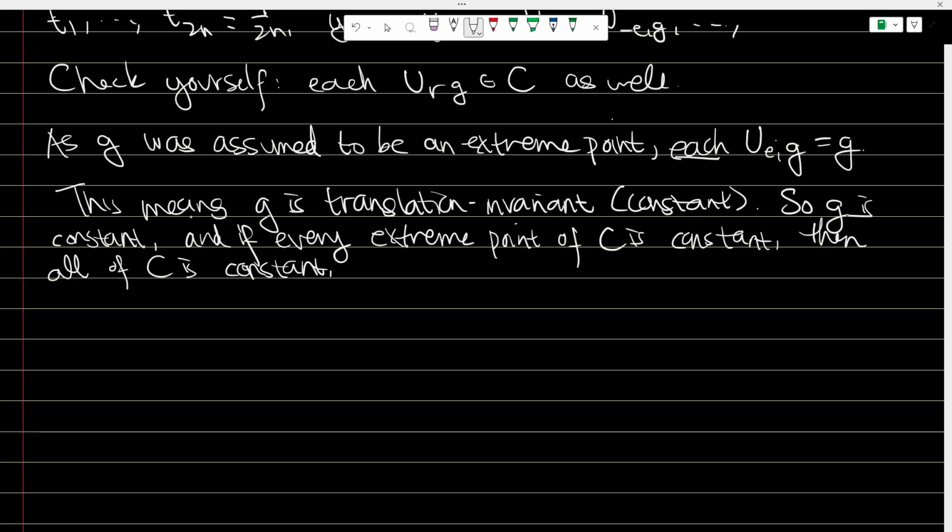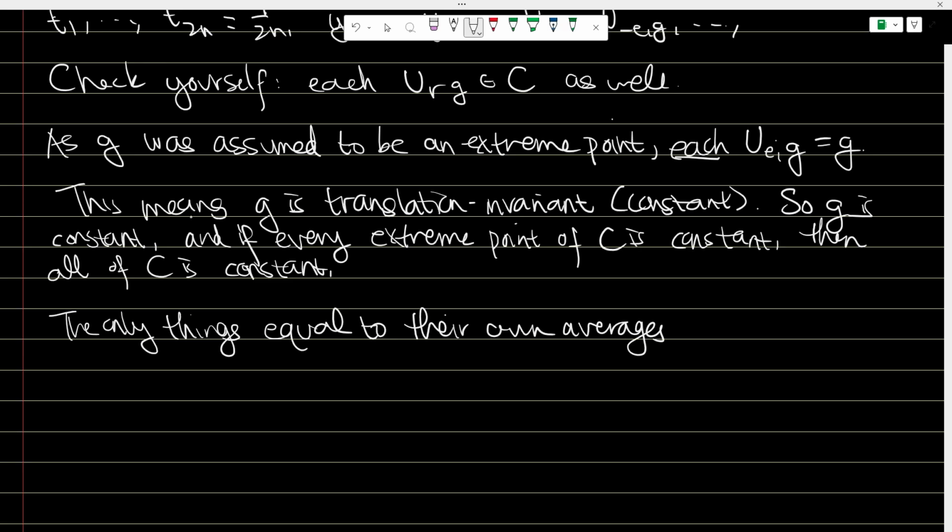And of course I could have done this for any bound. So this tells you the only things equal to their own averages are the constant functions, which I think is a really cool application of the theorem.